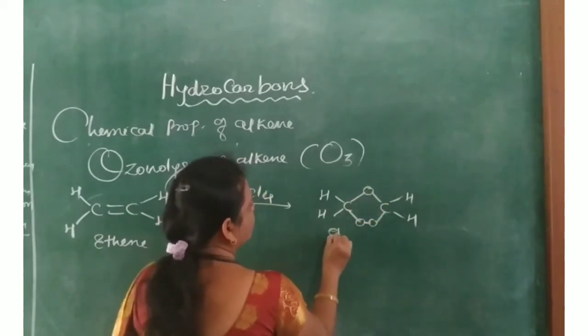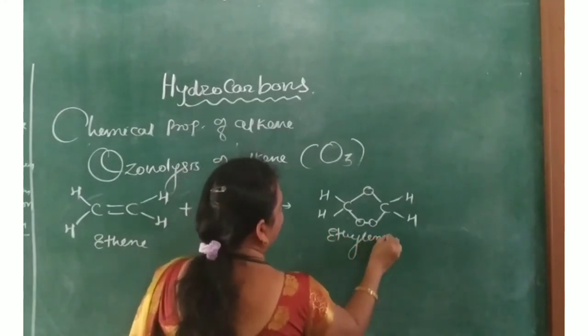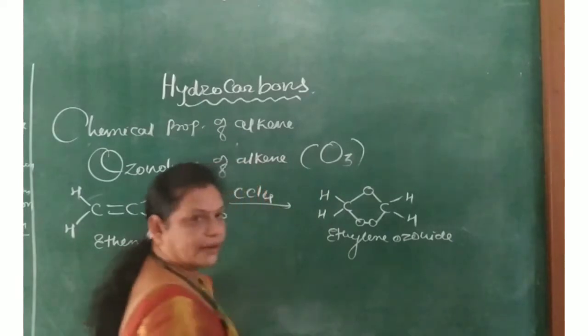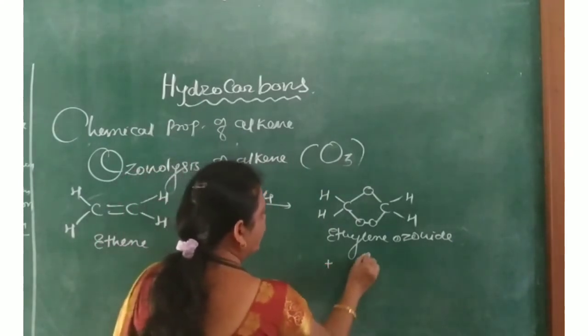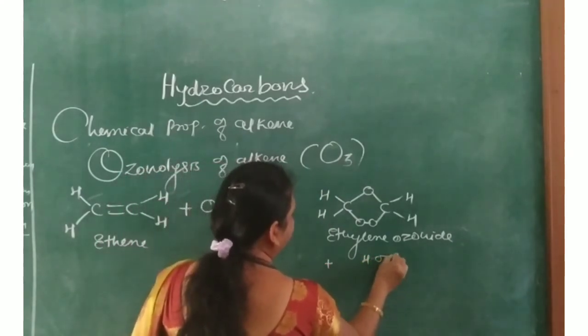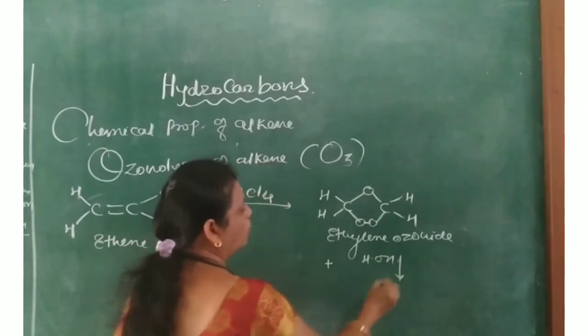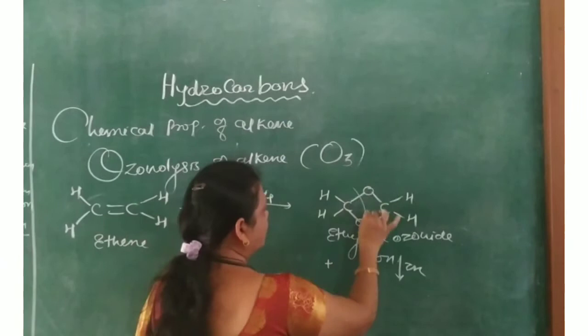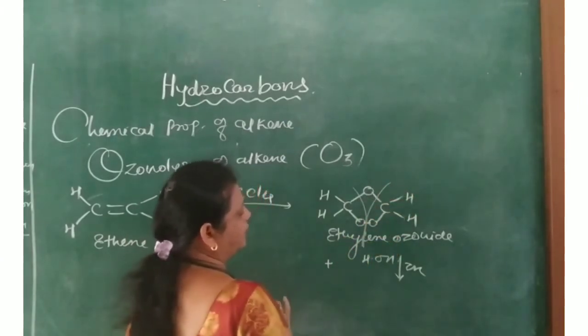This is called ethylene ozonide. Now ethylene ozonide on hydrolysis in the presence of zinc breaks in this way.